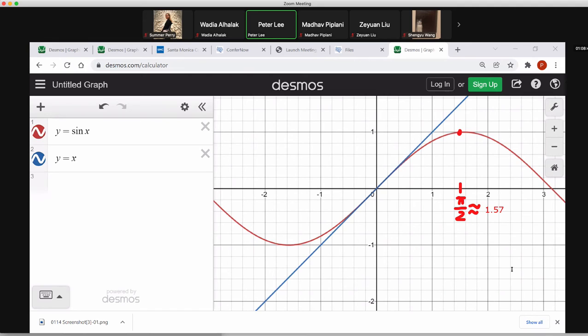When you look at the graph y equals x, you get this. So what you do notice is that as x is approaching 0, both are heading to 0. But the important thing is that as we approach 0 along the sine curve, and as we approach 0 along the line y equals x, they almost become the same value.